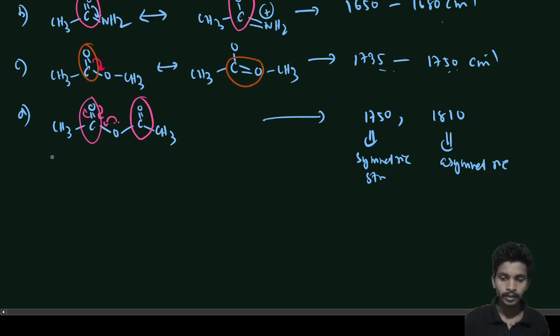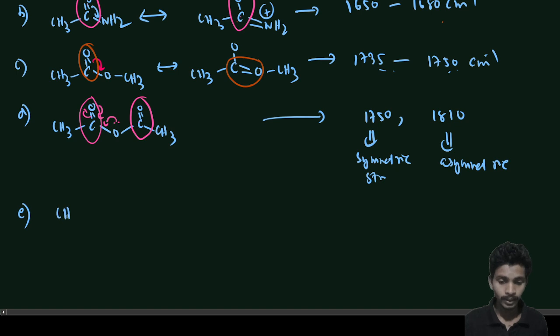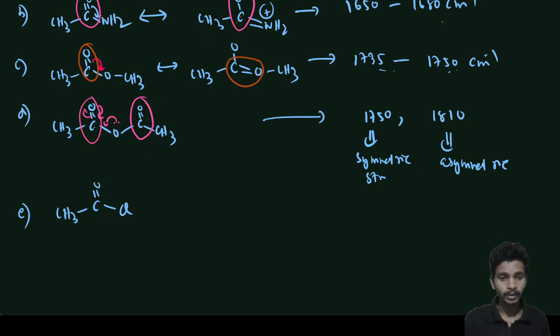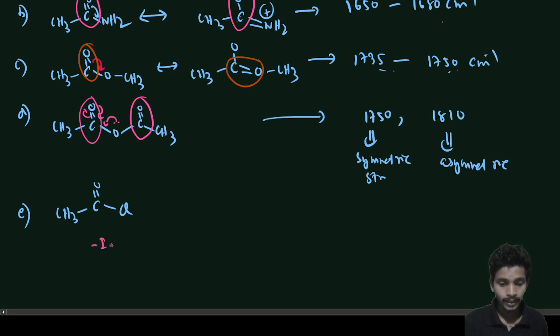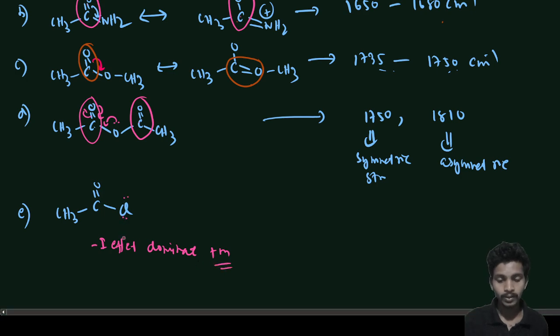Okay, and other groups where C=O is available, that is CH3 CO Cl. Whenever you talk about halogens, the minus I effect dominates over the plus M effect. So here, although a lone pair is there, plus M is not dominant, minus I is dominant, so it is taking the electrons from here.